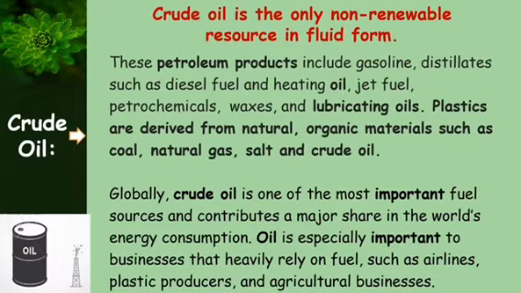These petroleum products include gasoline, distillates such as diesel fuel and heating oil, jet fuel, petrochemicals, waxes, and lubricating oils. Plastics are derived from natural organic materials such as coal, natural gas, salt, and crude oil.